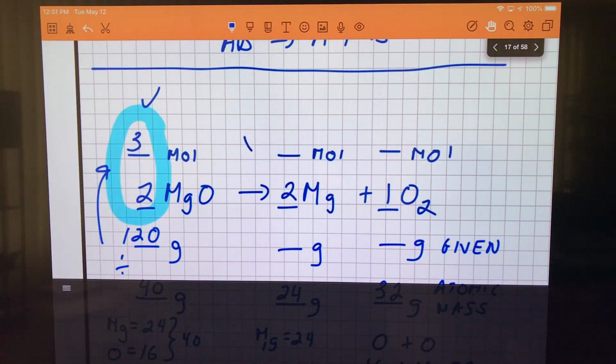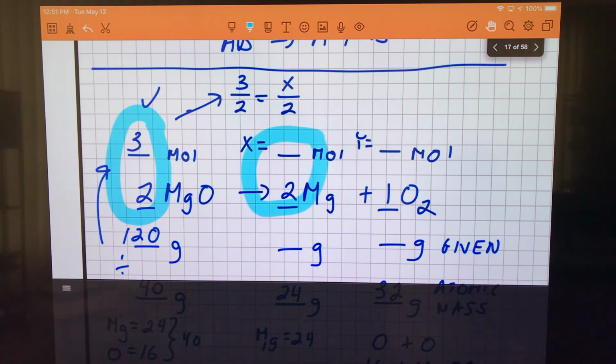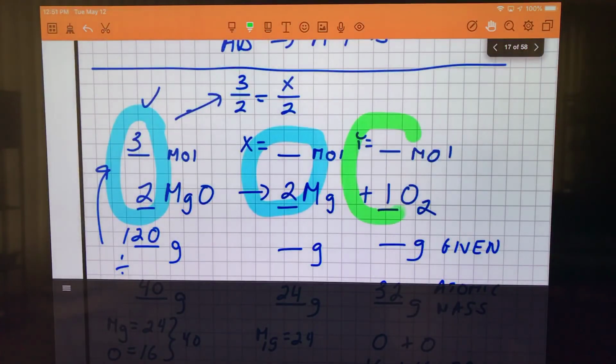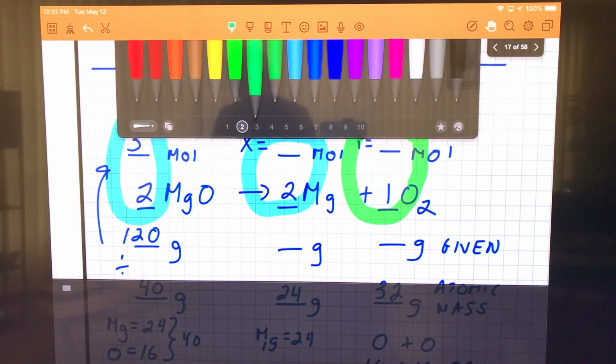So for X and Y, we have 2 things to find. So the first one will be, use that one, so 3 over 2 equals X over 2, because that is that one. And I'm going to switch to green over here for a minute, and I'll switch some colors here too, so you can see.